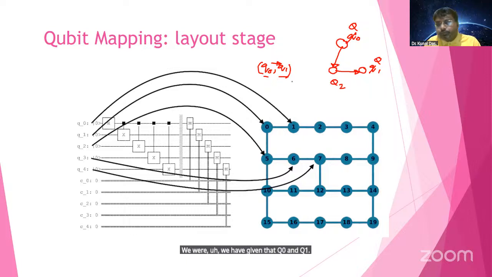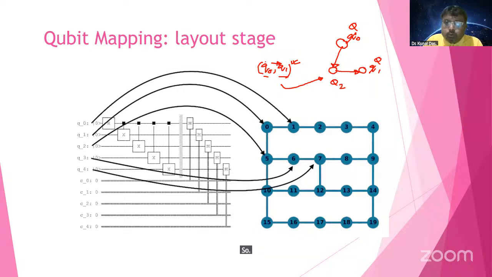So what to do? If this program goes to a physical device, it will create an embedding problem, because Q0 and Q1 no longer have connectivity.